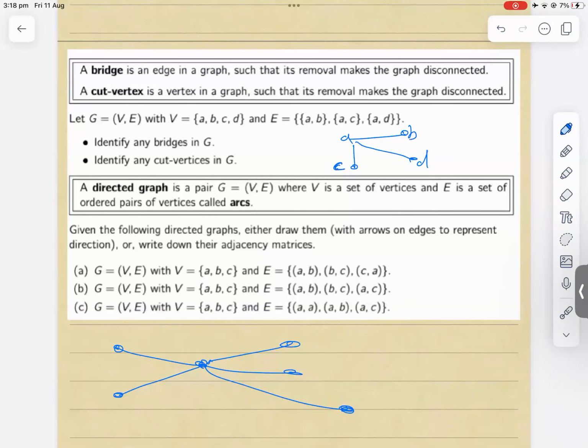But let's say, what about this one: edge, edge, edge, this one 3 edges. So I have 3 bridges.